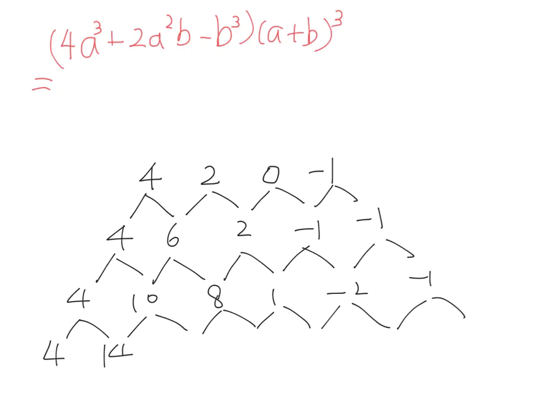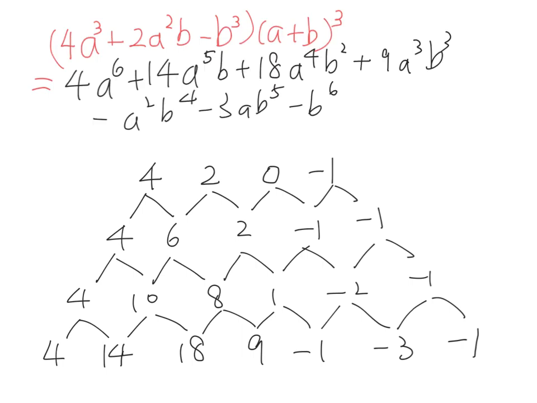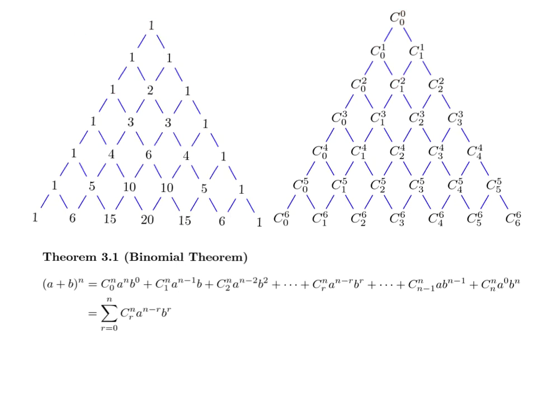We have the highest power of a in both polynomials is a cubed, so the product must be a polynomial up to a to the power 6, so we have the answer. This gives us an easy method to do such kind of multiplication.